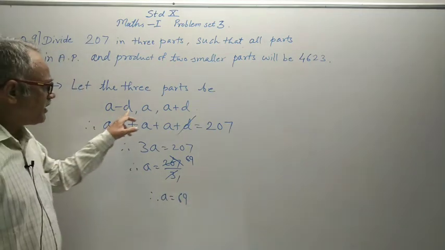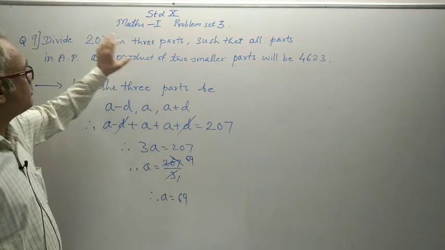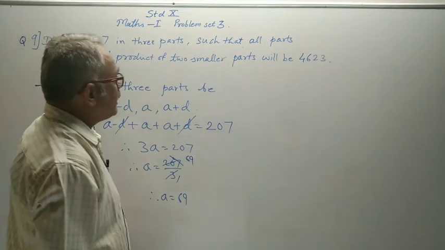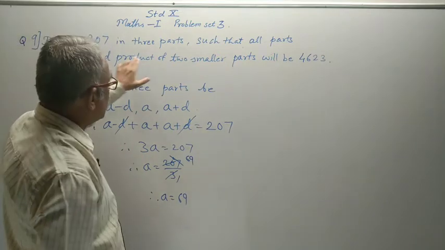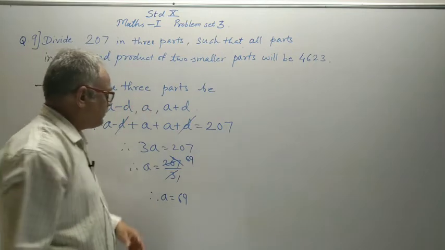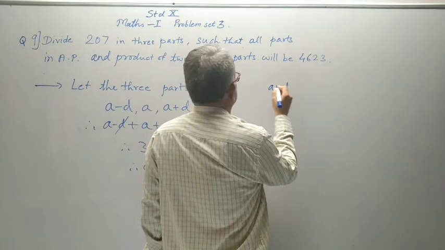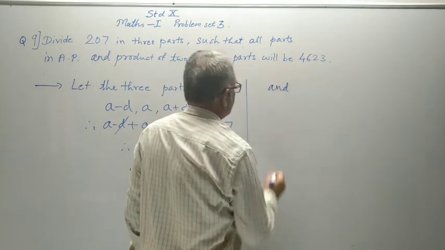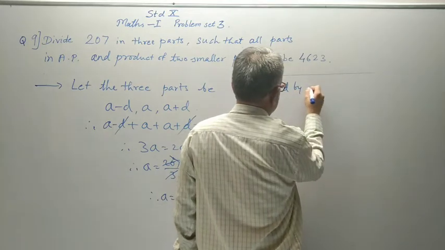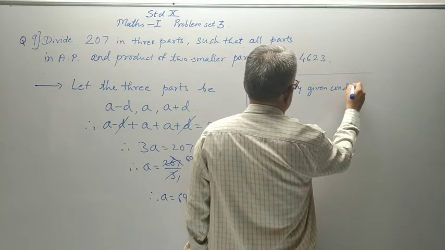Let the three parts be A minus D, A, A plus D. So by the first condition, the total is 207 because 207 is divided into three parts. A is obtained. And the product of the two smaller. What are the two smaller? A minus D and A. By the given condition, meaning another condition.